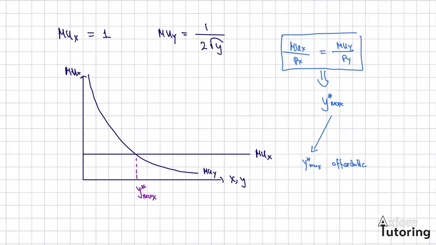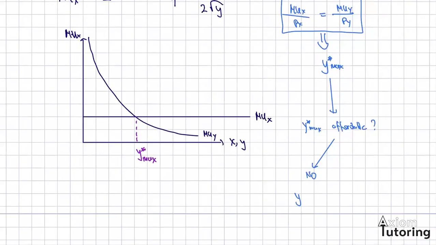And maybe we can split it up here. If the answer is no, then we have a corner solution. Then y star is simply whatever my money is divided by the price of y. Is it affordable? Yes.